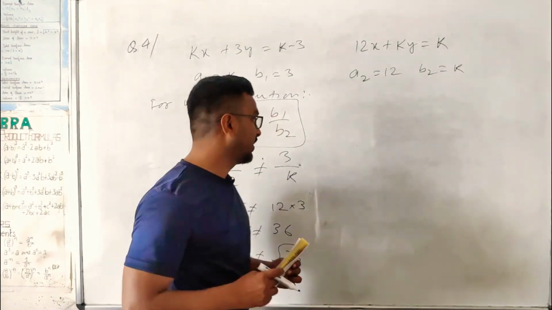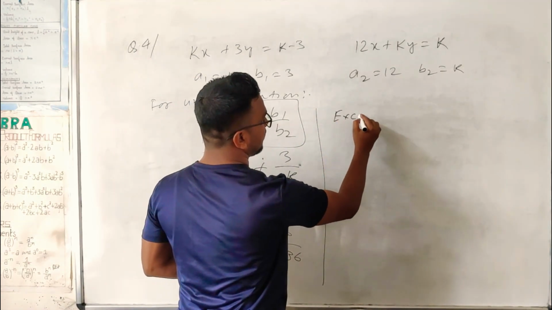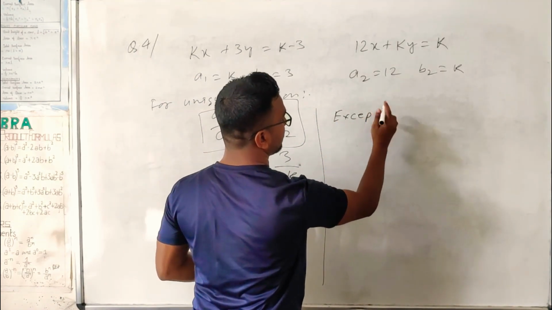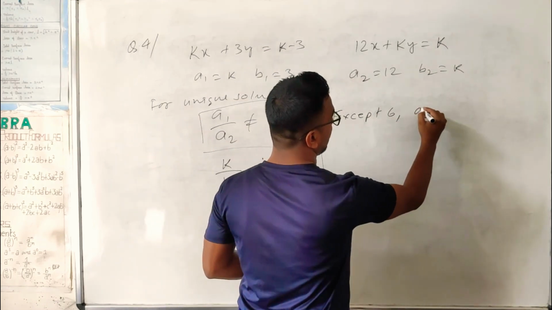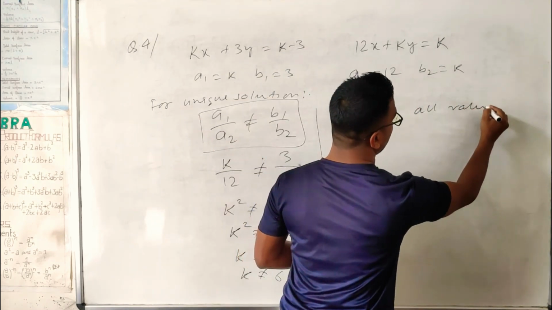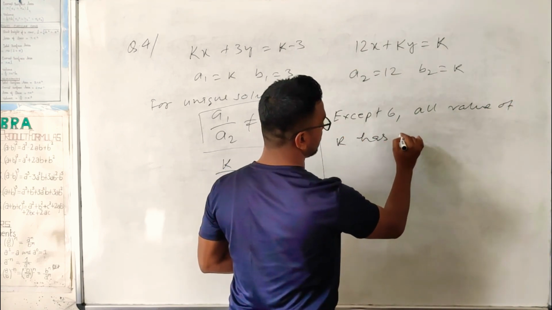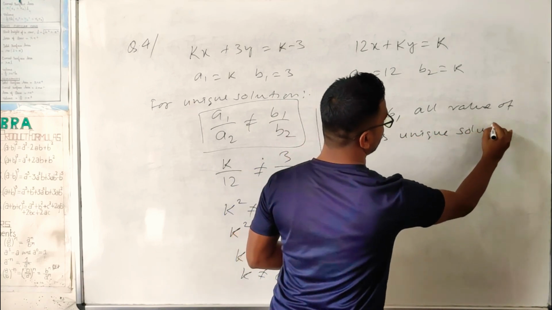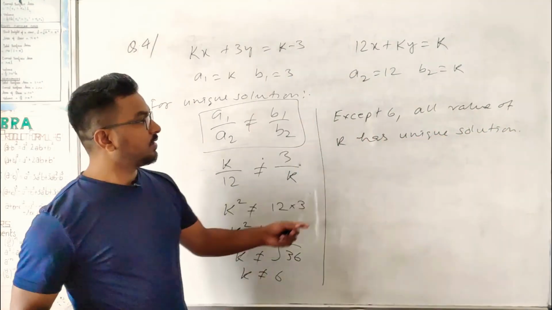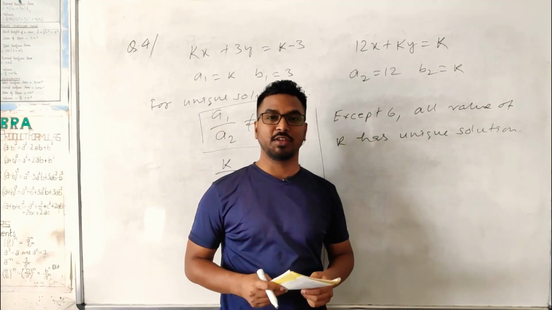So here what we will write? Except 6, all values of k will give you a unique solution.